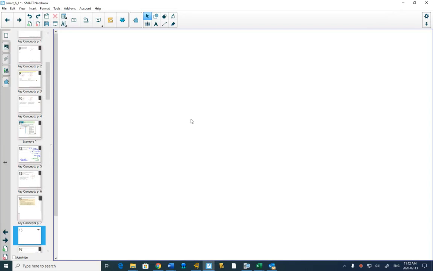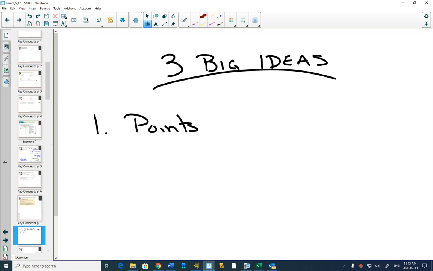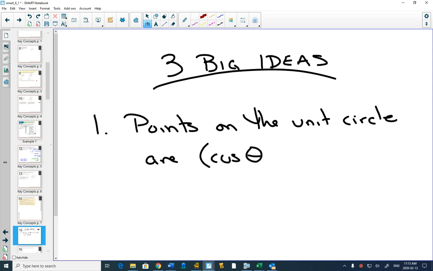At the bottom of the next page, let's summarize the 3 big ideas for this unit. Big idea number 1. Points on the unit circle are cos theta comma sine theta.